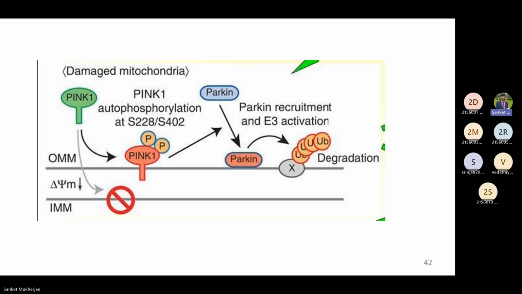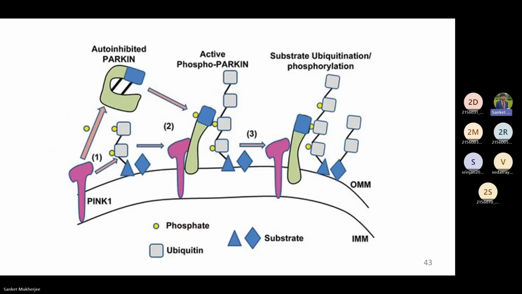A few very important proteins, which we call mitofusins, are important for mitochondrial fusion and fission. These proteins, which are also present on the outer membrane of the mitochondria, degrade because of this process. So this is how the entire schematic looks. When PINK1 is present, Parkin is not working properly.